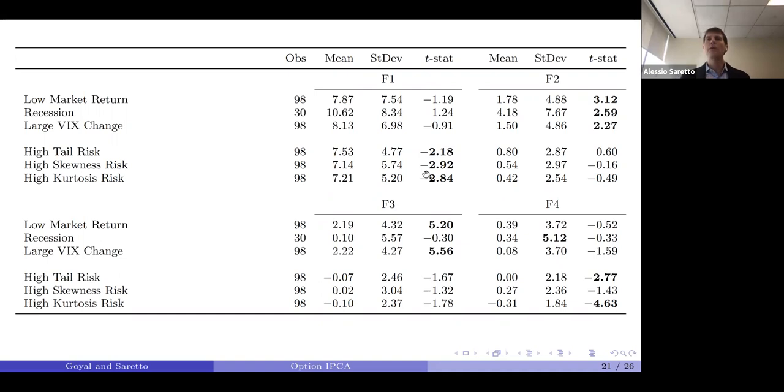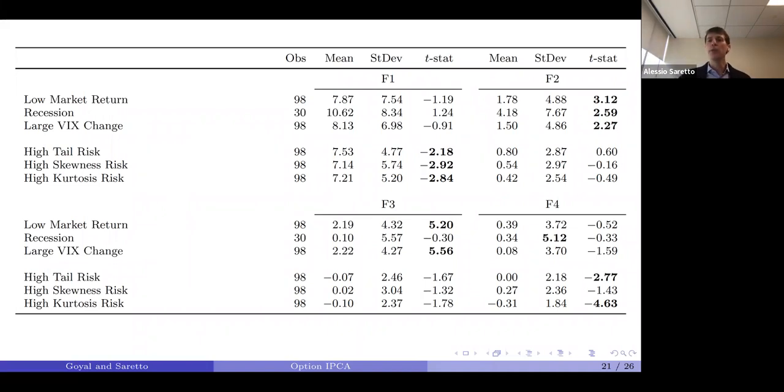If you think of the first factor as a tail risk factor, our argument is that its realization is low when you have high uncertainty about the distribution.